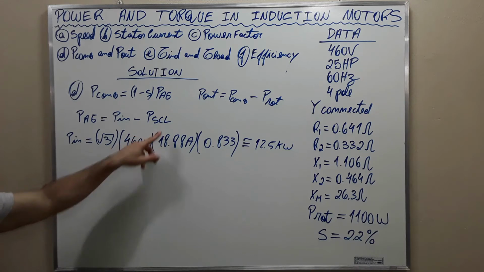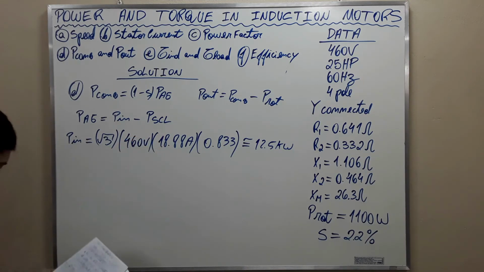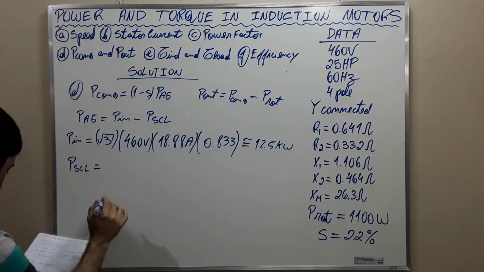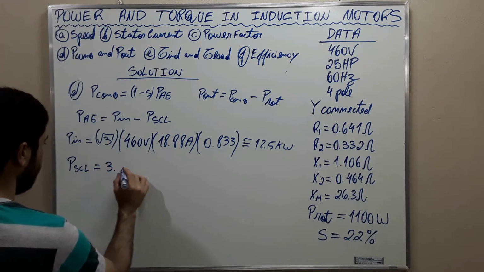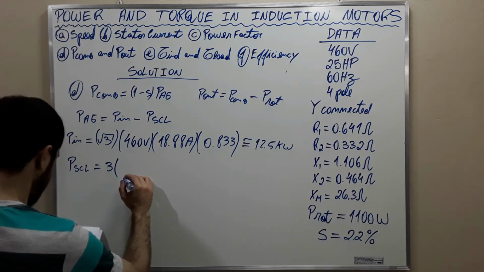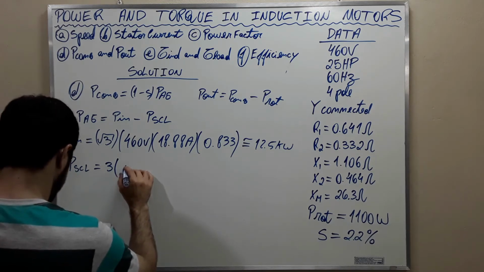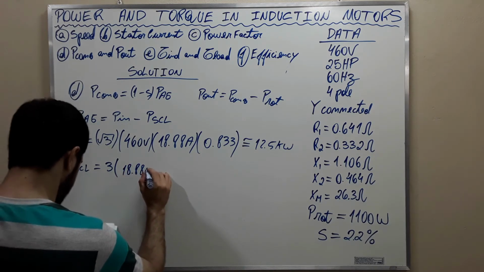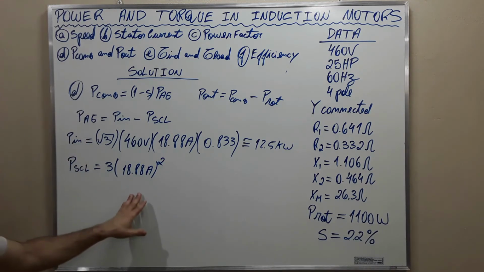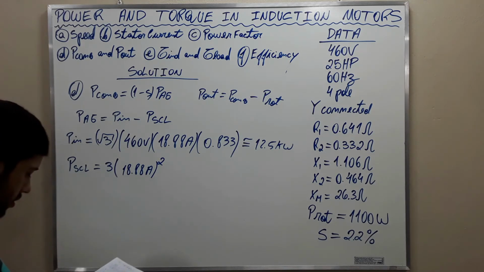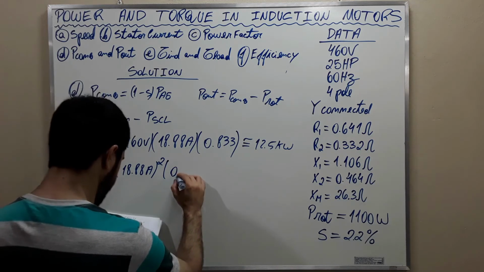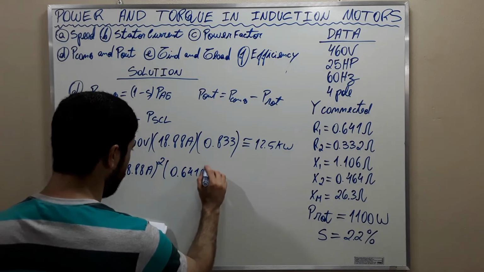Now let's calculate the stator copper losses. The stator copper losses will be equal to 3 times the current, 18.88 amperes squared, Ohm's law, times the resistance, 0.641 ohms.